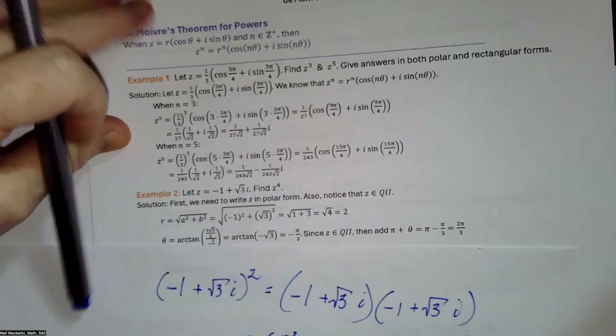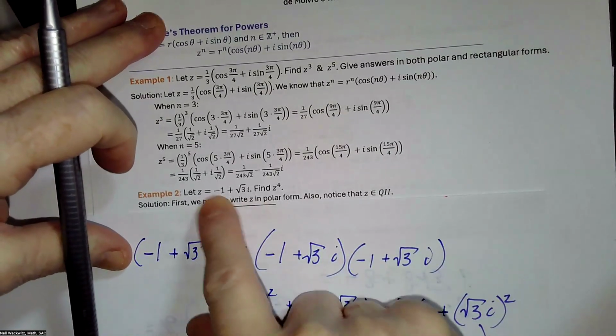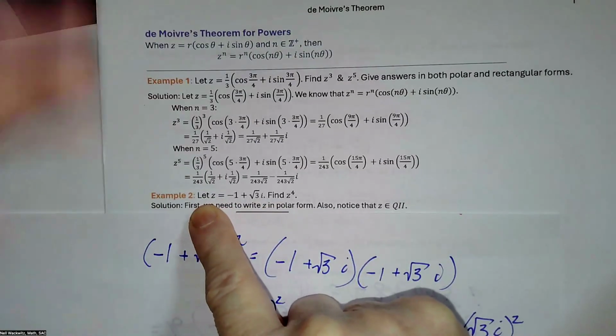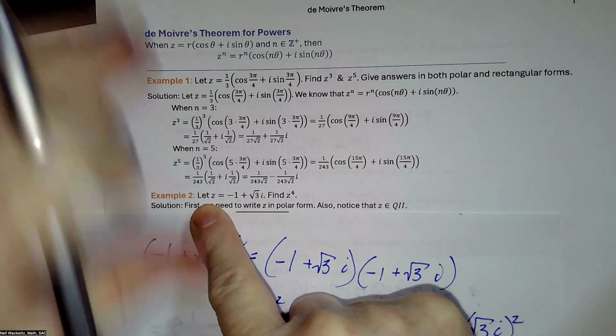But it's much more elegant to change a rectangular complex number into polar form and use de Moivre's theorem.